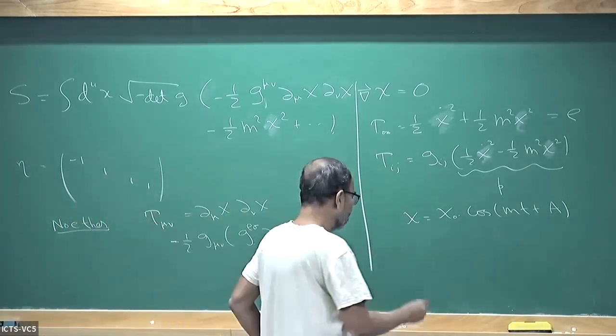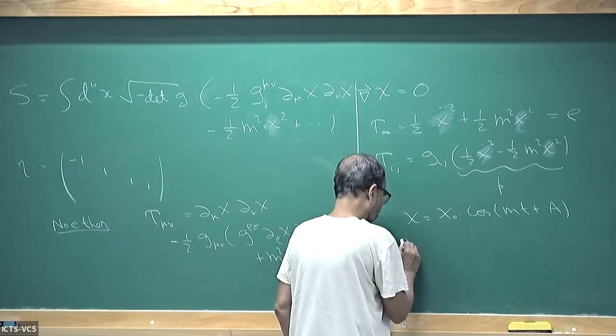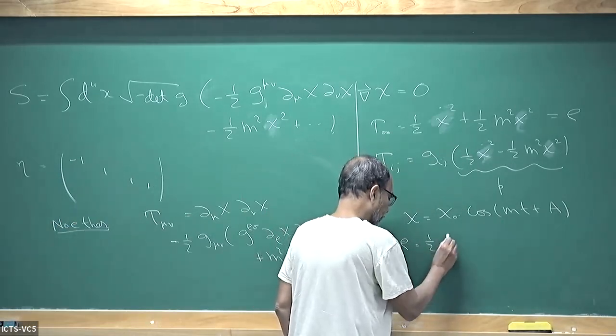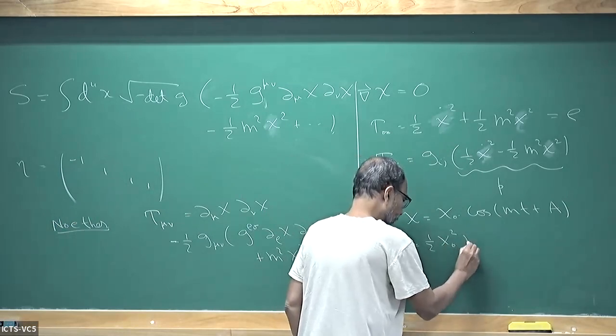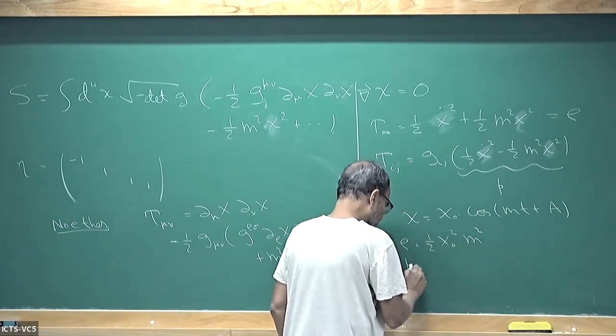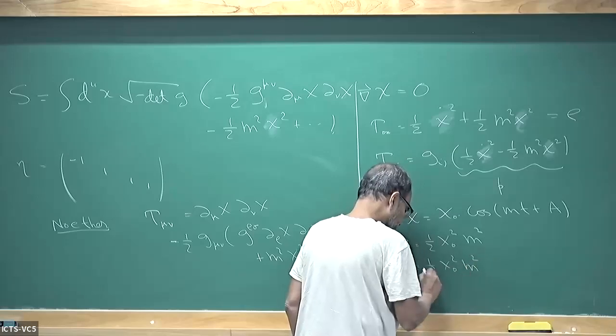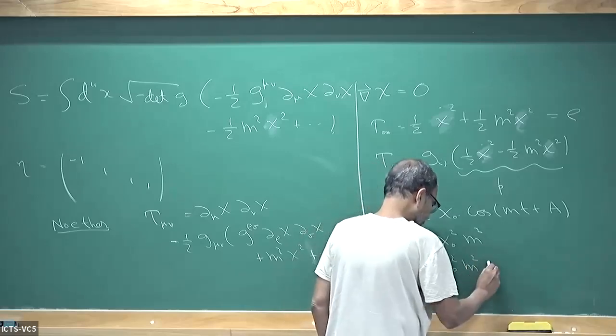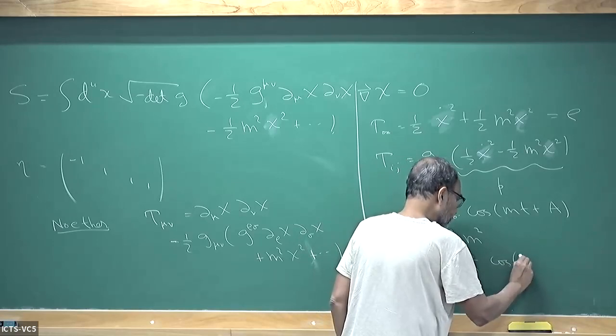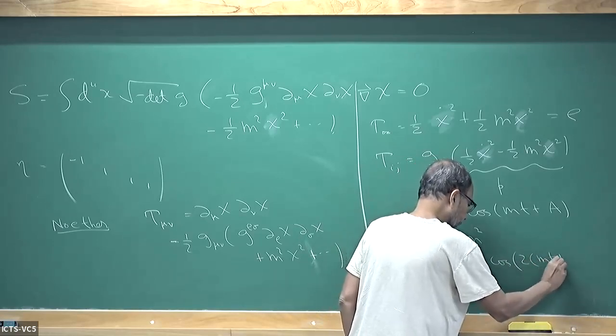Using this, we got that rho is half chi 0 square m square, and P is half chi 0 square m square times cosine of 2 mt plus a.